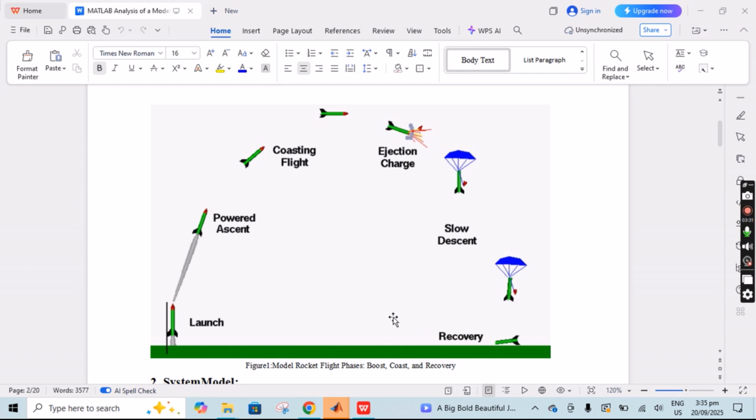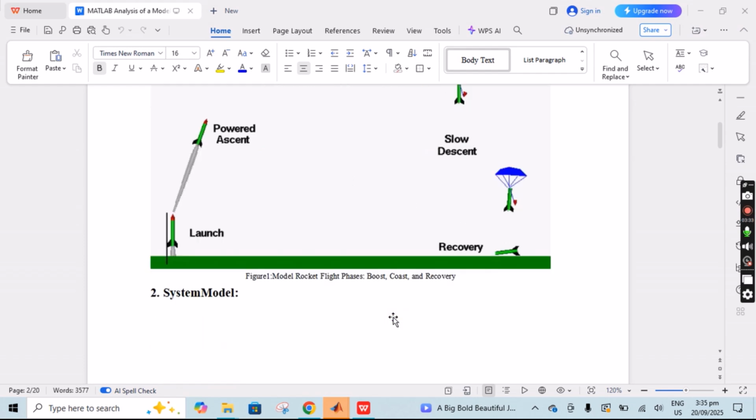Basically, this project is developed for a NASA space project, based on research conducted by the space agency.